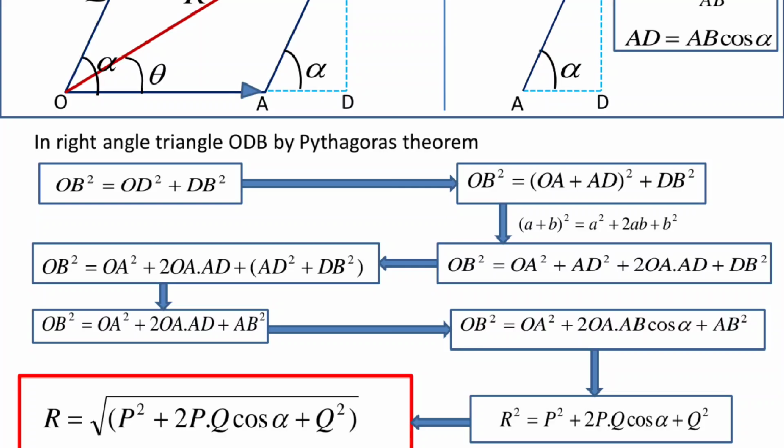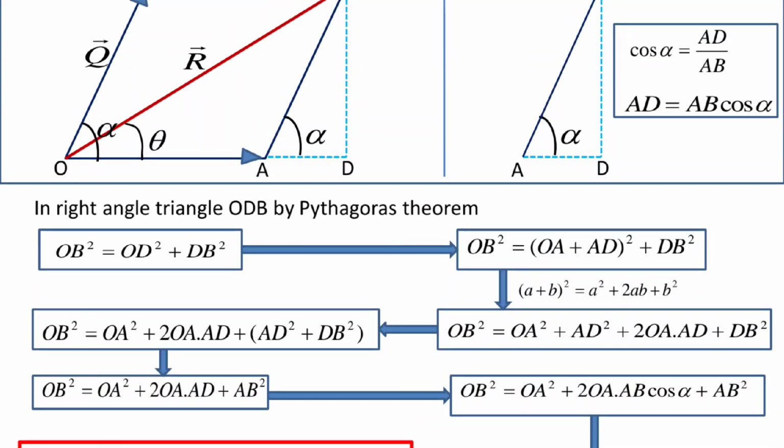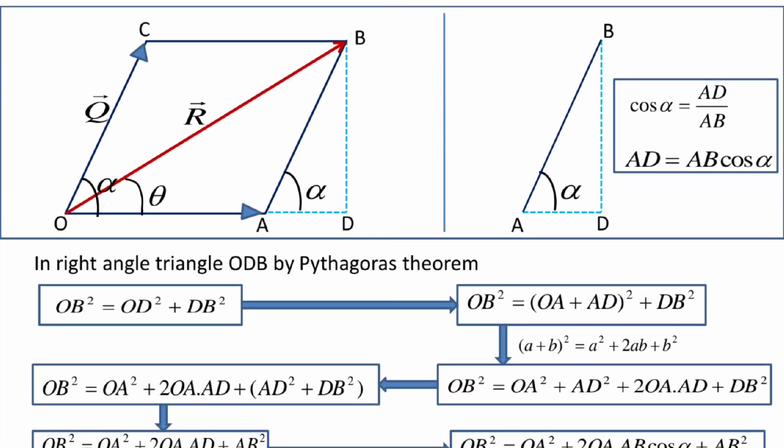Now, by the property of parallelogram, we know that OC is equal to AB and OA is equal to CB. And OA is equal to P and OC is equal to Q here.